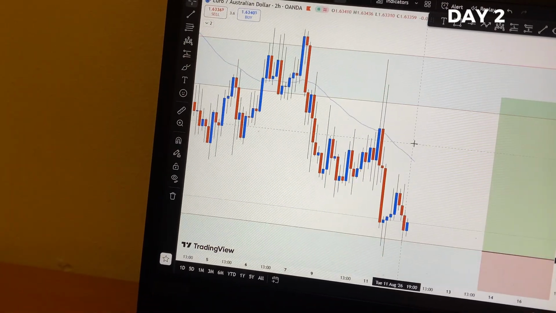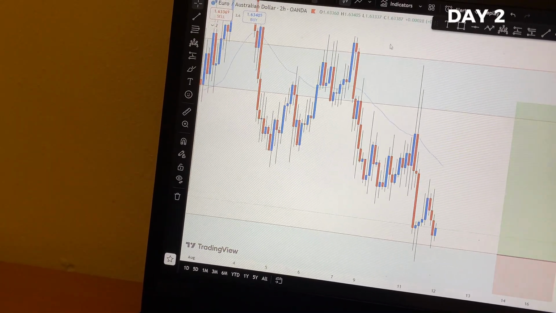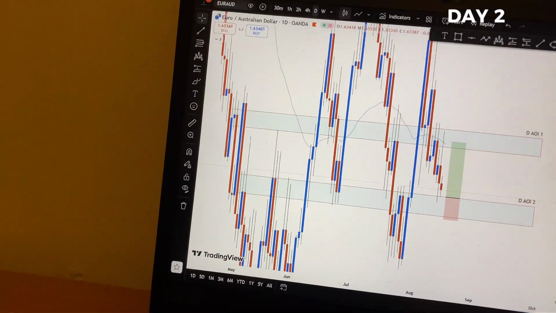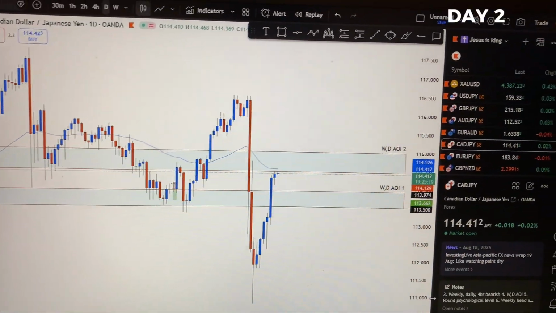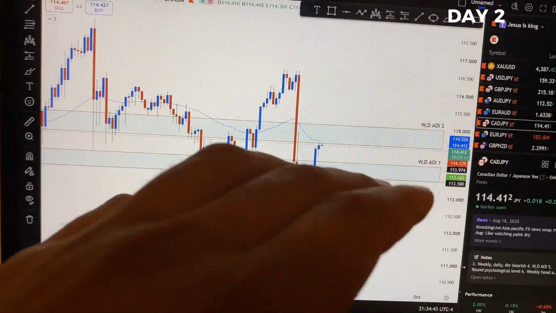Euro AUD, nothing, and GBP, nothing. For now, guys, let's just wait and see what the market is going to do. Which, by the way, I'll have to wake up at 1 in the morning to trade the London session. I'll try to make some clips, but I'll have to wake up.